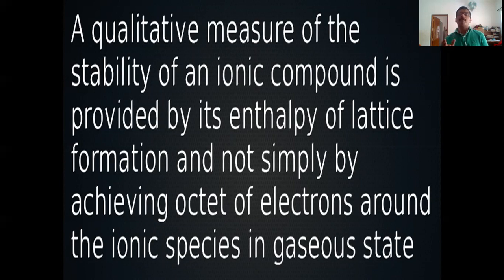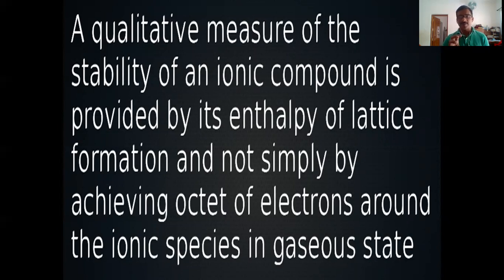In the case of ionic compound, there is another important factor, that is lattice enthalpy or enthalpy of lattice formation. So that also plays an important role in the formation of compounds. This is the conclusion from the involvement of different energies in the formation of ionic bond.